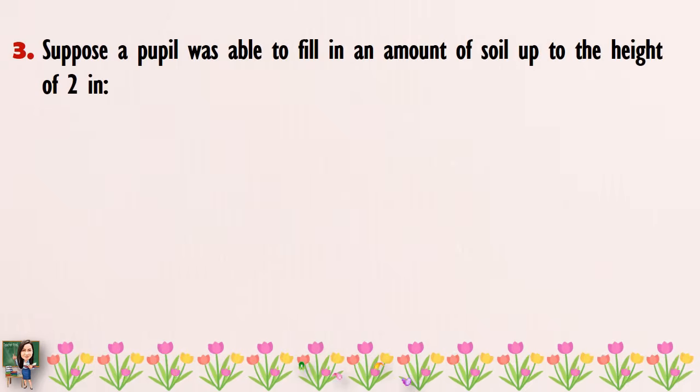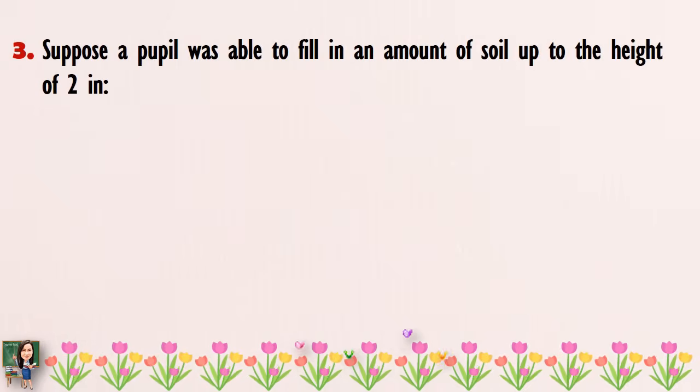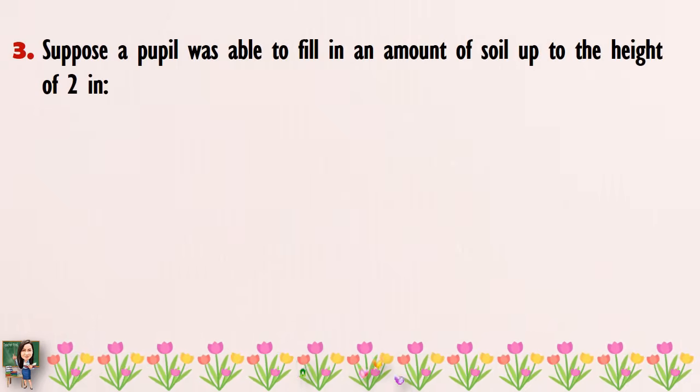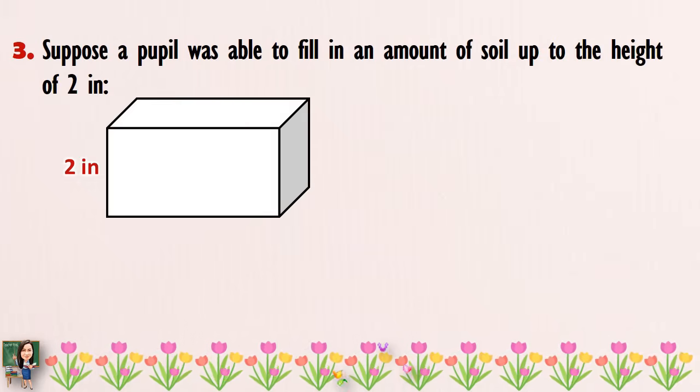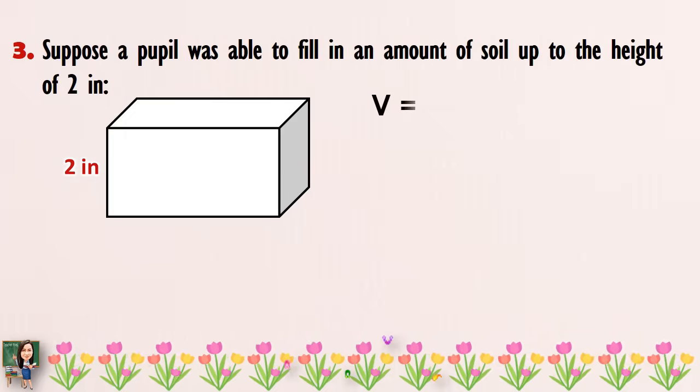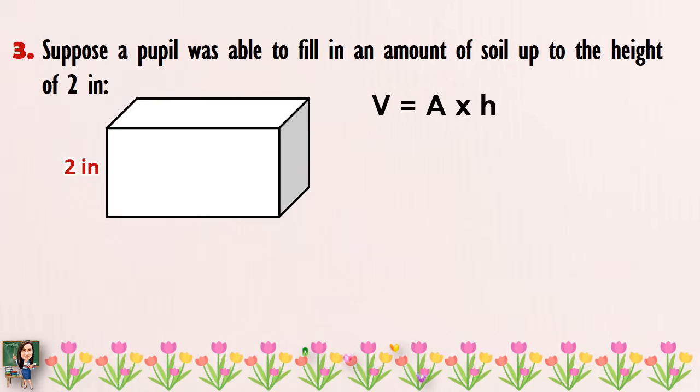Third, suppose a pupil was able to fill in an amount of soil up to the height of 2 inches. So the height of this rectangular prism is 2 inches. The formula to get the volume is volume equals area times height.